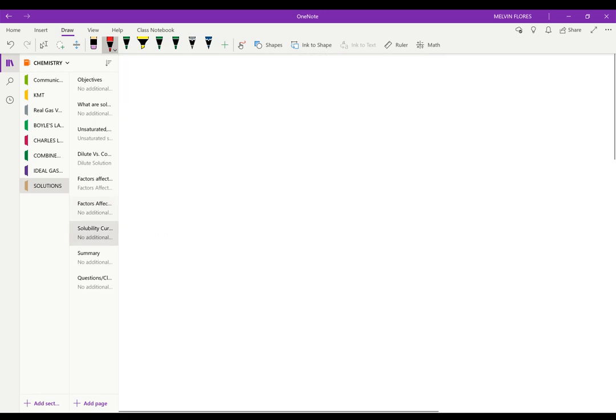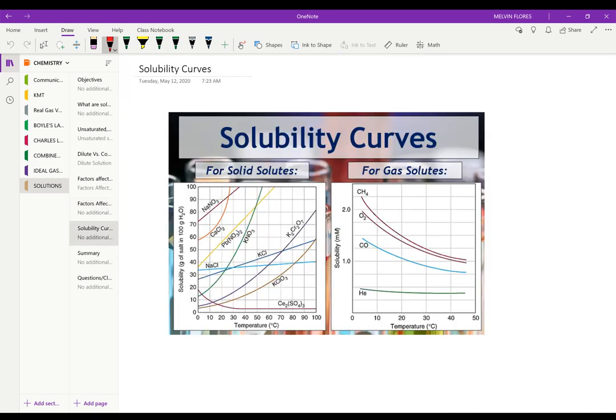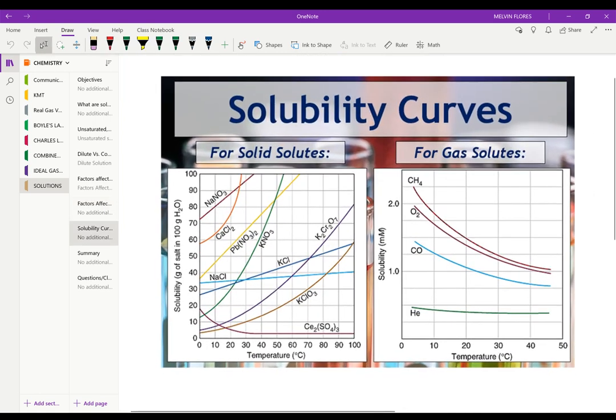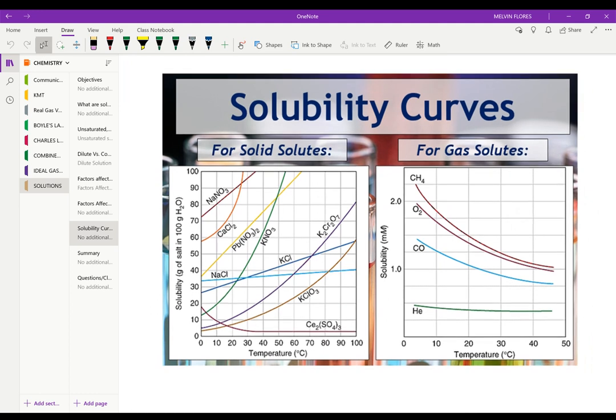And another thing that I would like you to look at is the solubility curve. As I have said, the temperature effect depends on whether it is a solid or a gas solute. As you can see on the solubility curve, the solubility of a solid increases with increasing temperature.